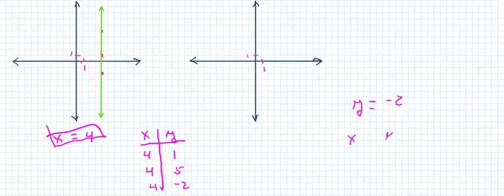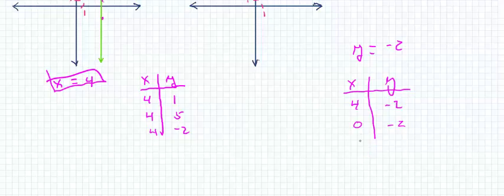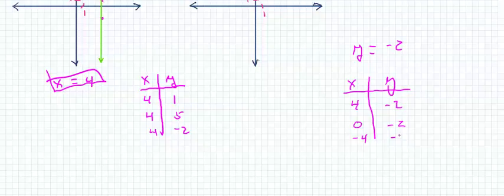Now we'll pick a value of x, 4. Y is negative 2. Pick another value, 0. Y is negative 2. Pick another value of x, negative 4, y is negative 2.